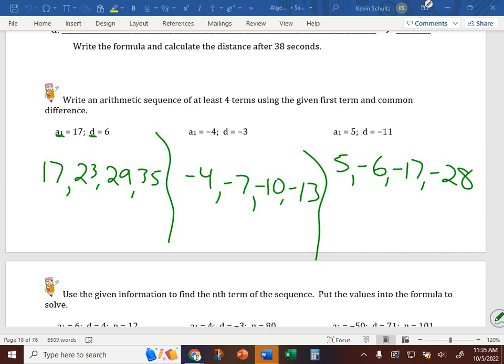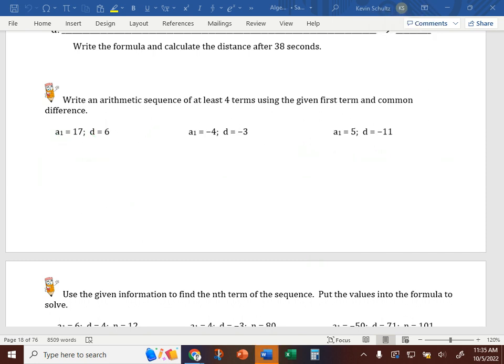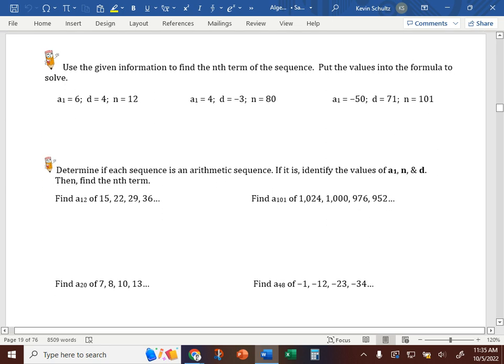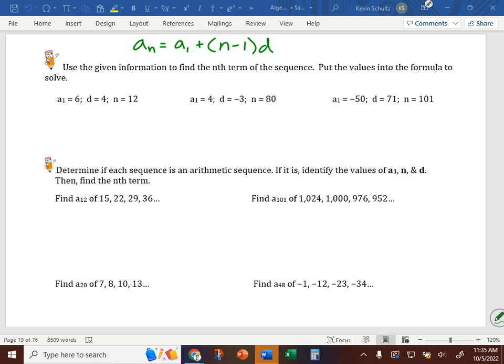Next page. Now we build on it a little bit. Next set of directions say, use the given information to find the nth term of the sequence. Put the values into the formula to solve. So first of all, the formula, right? AN equals A1 plus N minus 1 times D. I'm giving you all 3 pieces now.